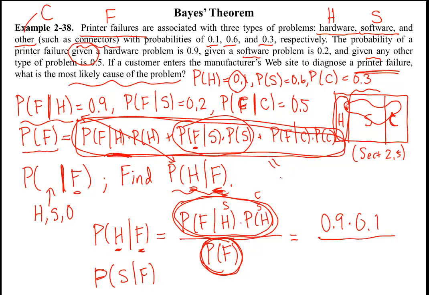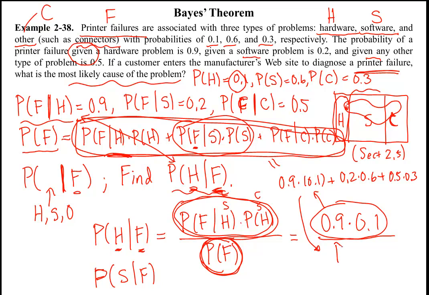If we did, this would have been 0.9 times 0.1, plus failure given software, 0.2 times 0.6, plus probability of failure given other problems, that would have been 0.5 times 0.3. That total probability of failure is in the denominator. Then I'm just taking the ratio of the first type of failure divided by the total probability of failure, and we'll get our answer.